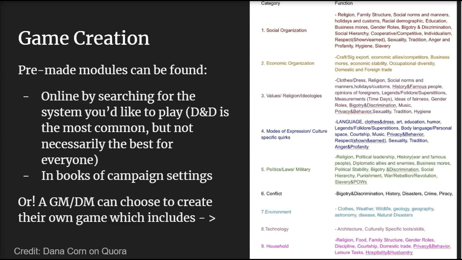For game creation, pre-made modules can be found online by searching for systems you'd like to play, or in books of campaign settings. Or a DM or GM can choose to create their own game. Following the constructs over on the right-hand side can help you create a game that is realistic and that holds weight with your players.